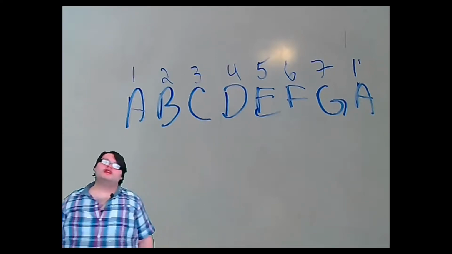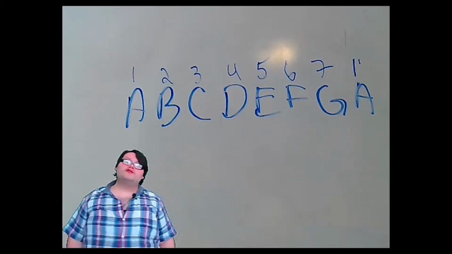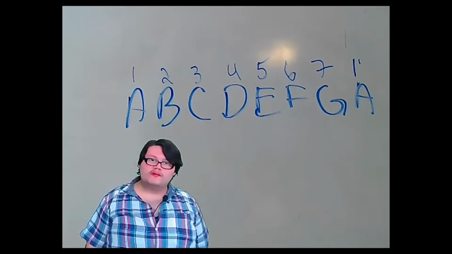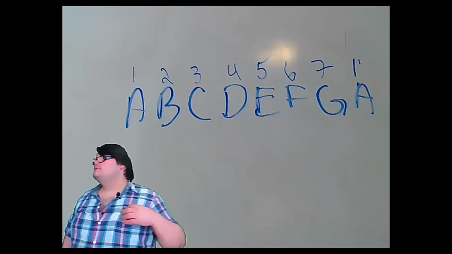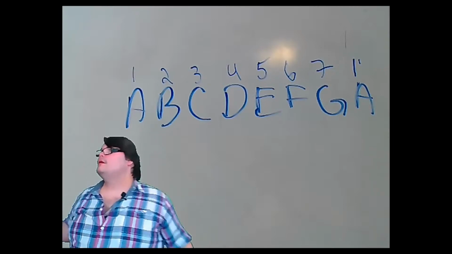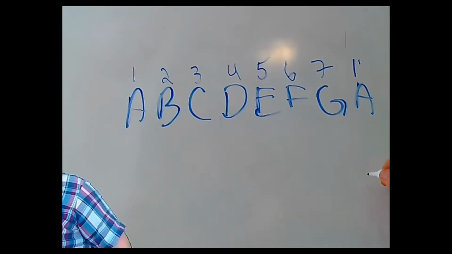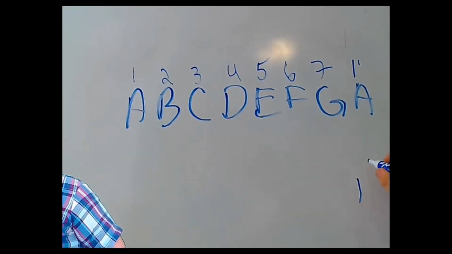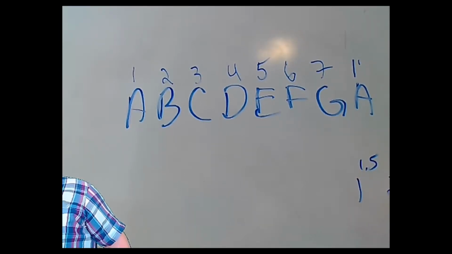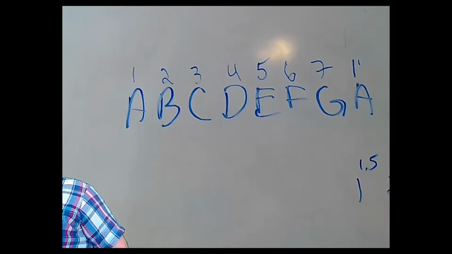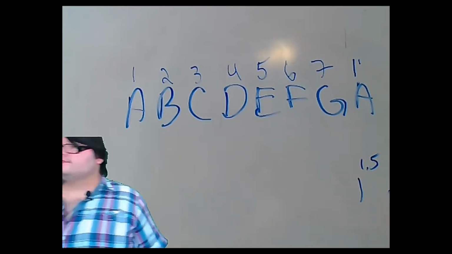And part of what we're going to use are the same rules. The frog can go, I'm going to use this as a premise, 1, 1.5, 2, 2.5, 3.